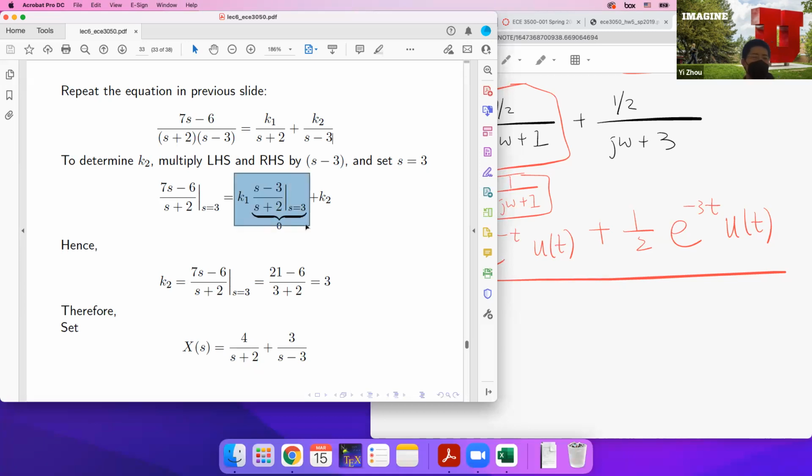So on the right-hand side, you only have K2. And this will conclude that K2 equals 3. So by following this standard process, you can figure out the values for K1 and K2. In this case, K2 equals 3, K1 equals 4. So you conclude that the big fraction can be decomposed into these two smaller fractions.